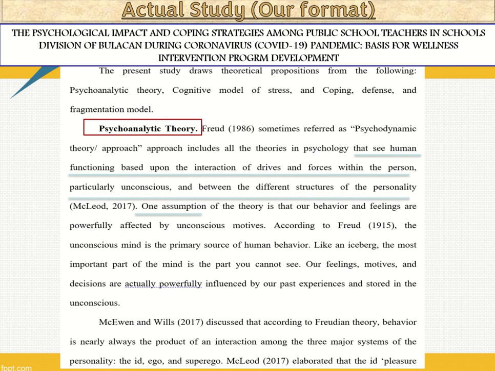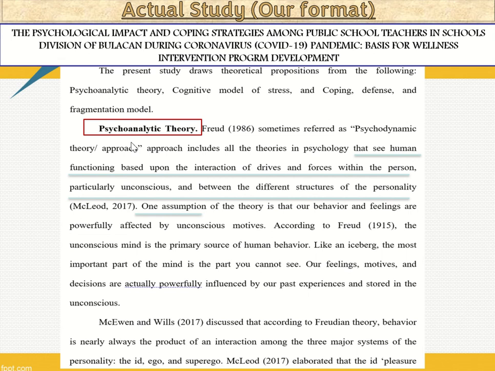After explaining the assumptions, you can explain the relationship of the chosen theory to the present study. Okay? Now, in this case, in our example, we have three theories here aligned with the present study. Okay? So again, psychological impact and coping strategies among public school teachers during the COVID-19 pandemic.